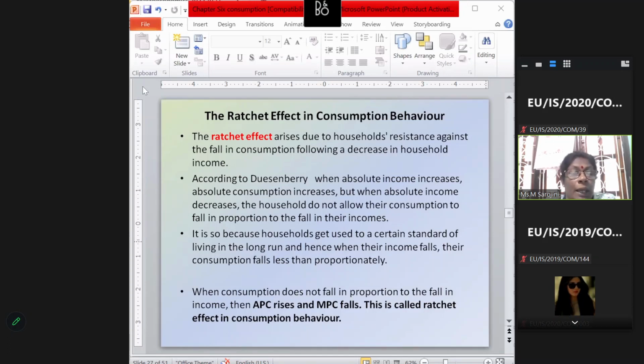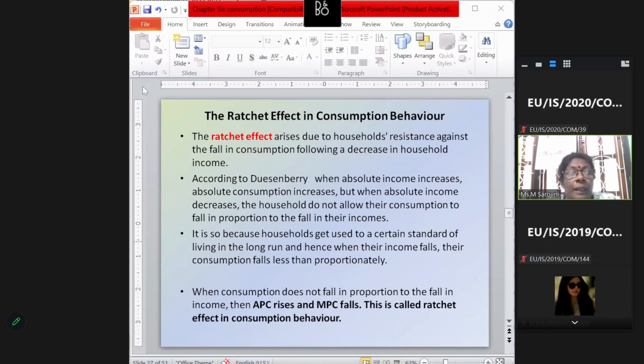Right? You have to be very careful. It is so because households get used to a certain standard of living in the long term, and hence, when their income falls, their consumption falls less than proportionately. What is the reason for this behavior?